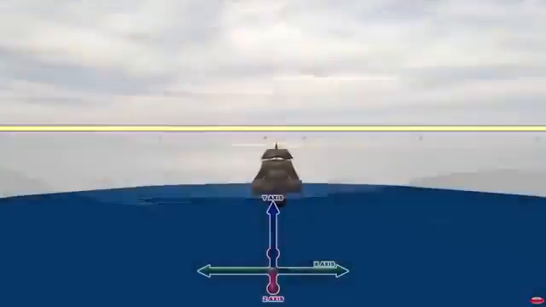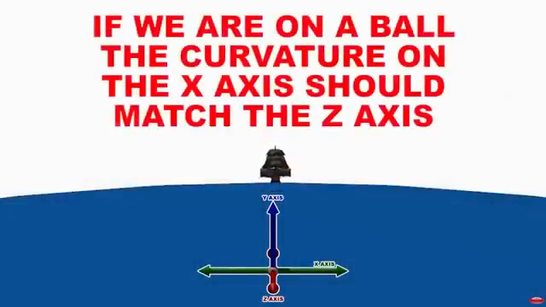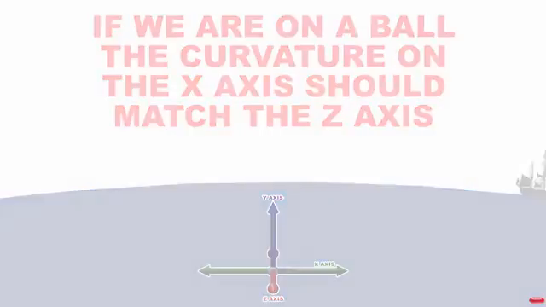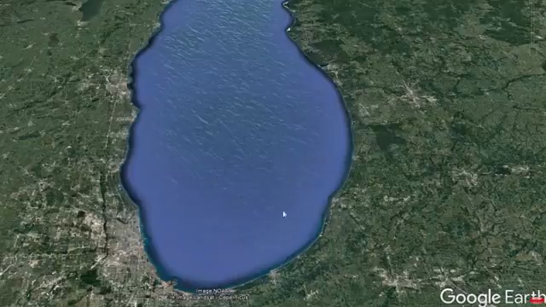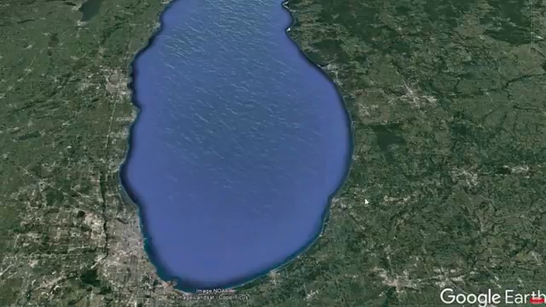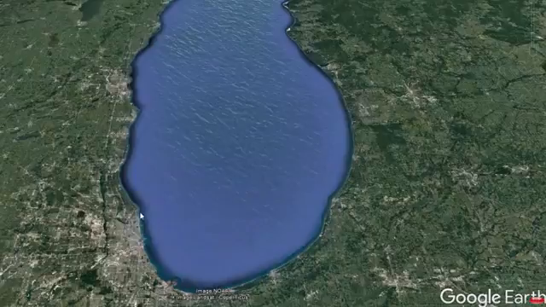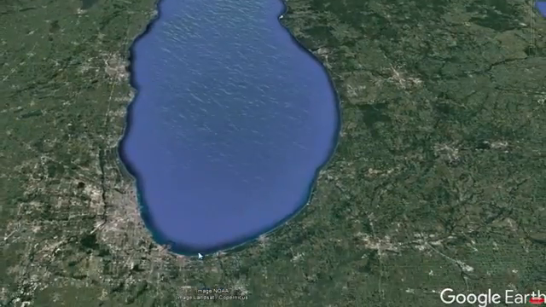So you can't have it both ways. You can't say ships are rolling over the ball on the z-axis without having the same exact perception on the x-axis. I was thinking about that while we were on Lake Michigan. We were on the east coast of the lake looking toward the west. And if you're standing on the east coast looking toward the west and you claim that ships are disappearing in 3, 4, 5, 10 miles, whatever distance, then people who are standing on the southern coastline would make the same claim.